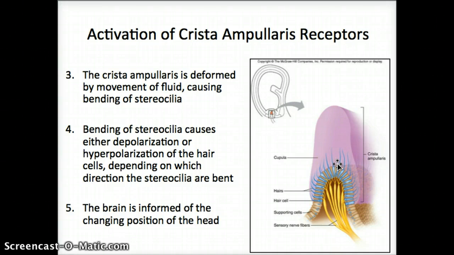The bending of the stereocilia will cause either depolarization or hyperpolarization of the hair cells, depending on which direction the stereocilia are bent. Then the brain is informed of the changing position of the head, and it sends back out whatever motor signal needs to go to make sure that we maintain our balance and our equilibrium.